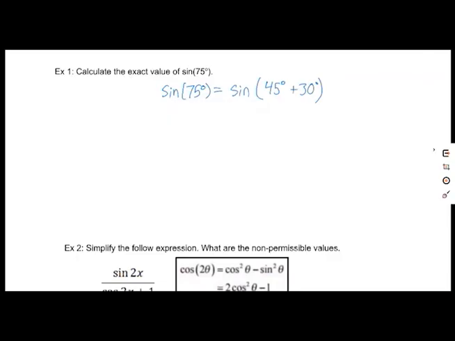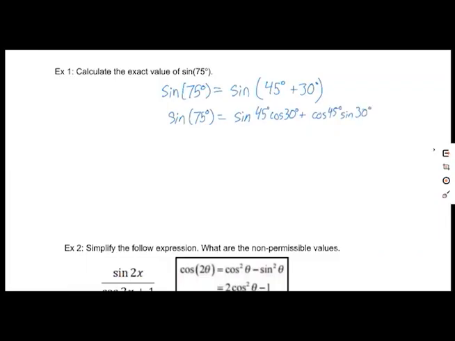So the sine of 75 degrees, using my sum of angle identity for sine, gives me sine of 45 cos of 30 plus cos of 45 sine of 30.